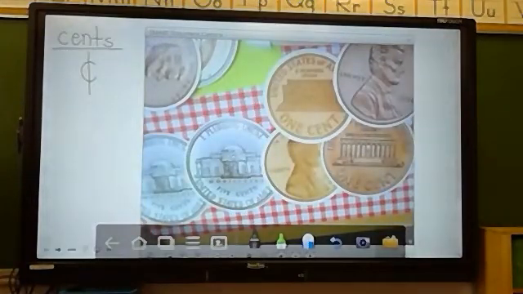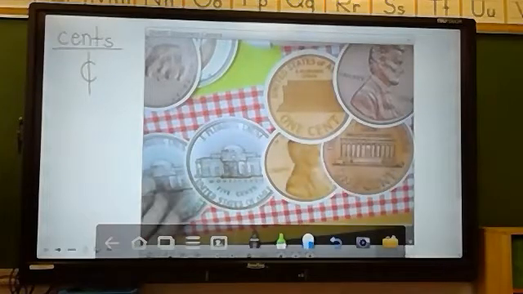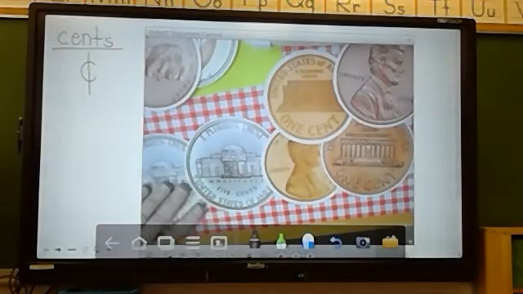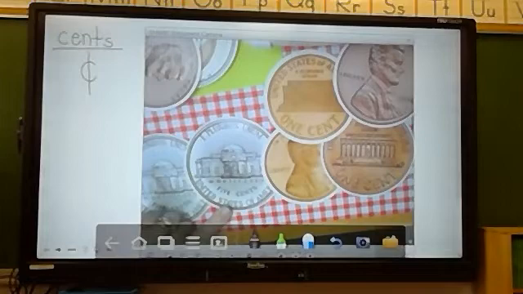All right, so am I going to start counting my pennies first, or am I going to start counting my nickels first? You're right. I want to count my nickels first. And how am I going to count them? Right again, we're going to count them by fives. Here we go. 5 cents, 10 cents. Now I'm out of nickels. So am I going to count on by fives again, or am I going to count on by ones?